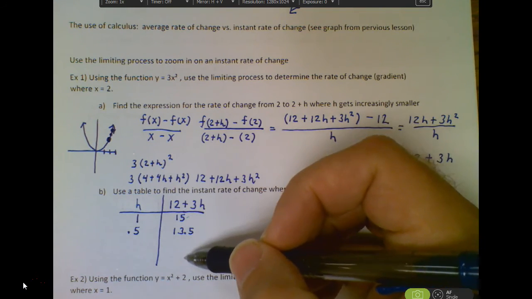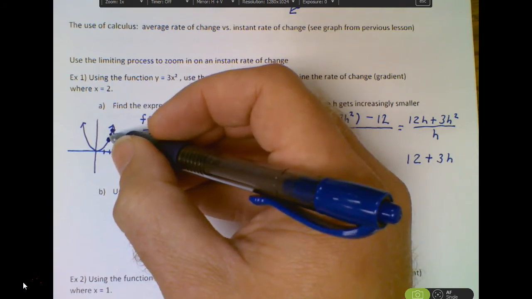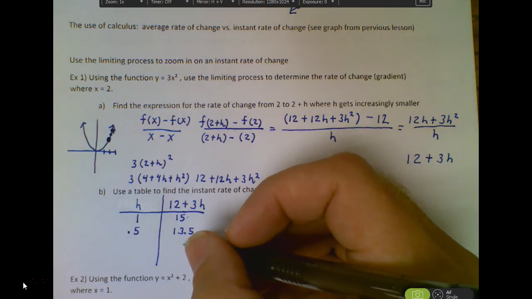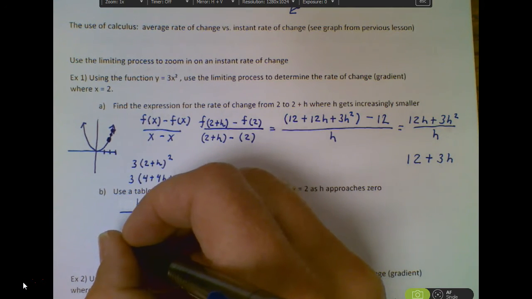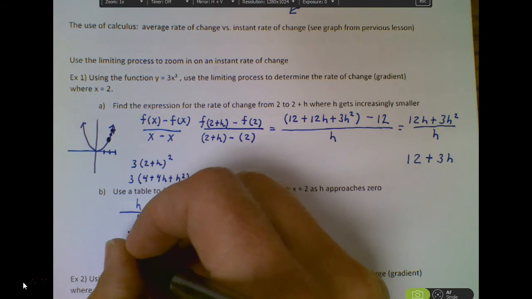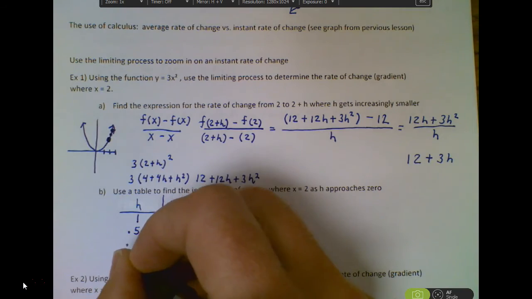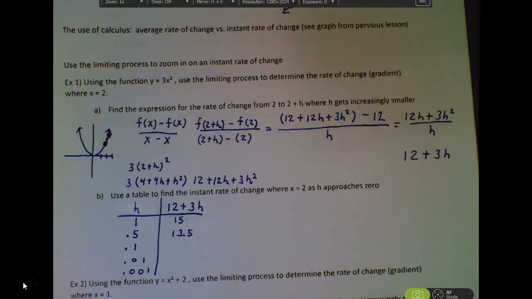So I'm getting all these slopes right here, and you're going to see as h gets smaller, and I get closer and closer to my target, it's going to become obvious what our slope at that point really is. So we're going to make h even smaller just to make it obvious. So it's going to be 0.1. We're going to do 0.01, and then we're going to get super close to our target by doing numbers like this.